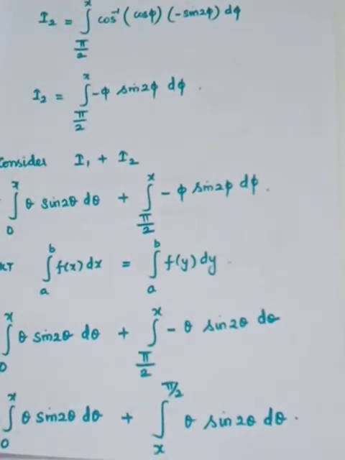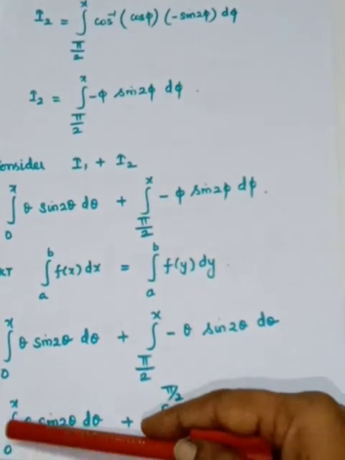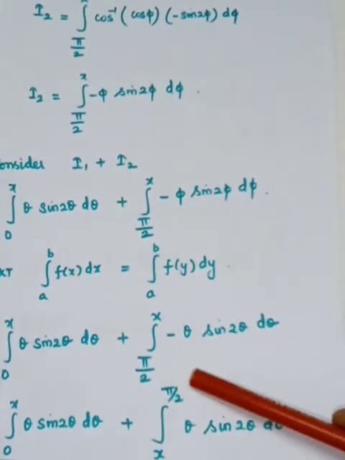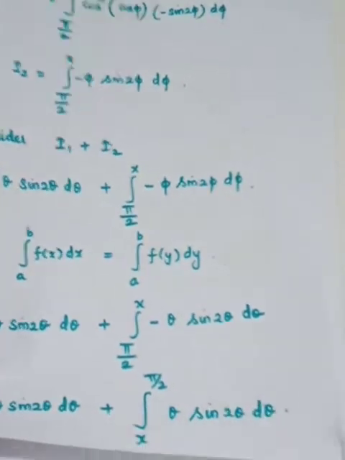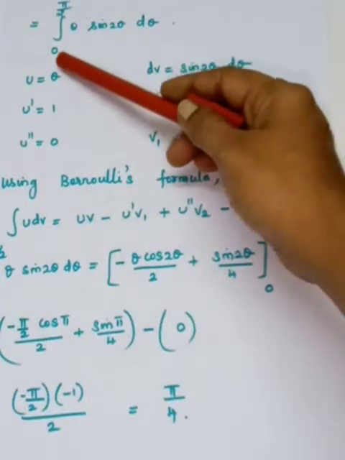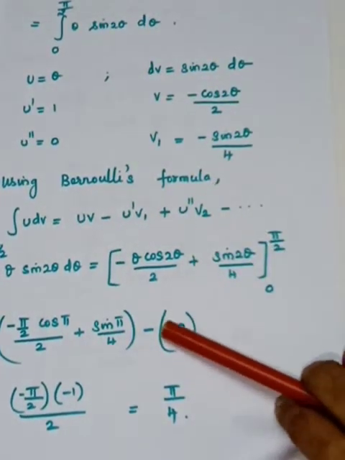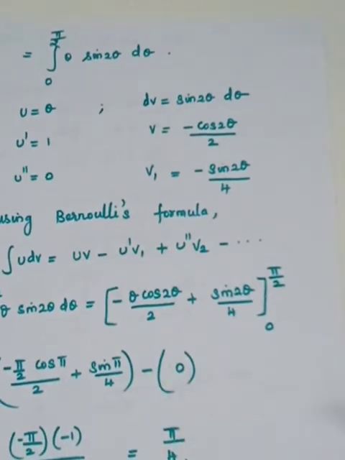So again the next property: 0 to x, and here you are having x to pi by 2. So this can be written as the integral from 0 to pi by 2 of theta into sin theta d theta. Which property are we using here?